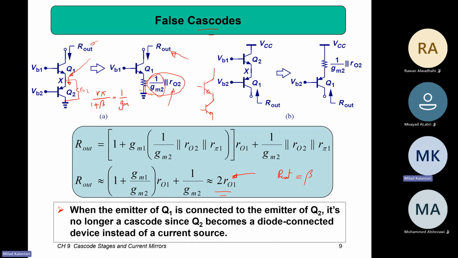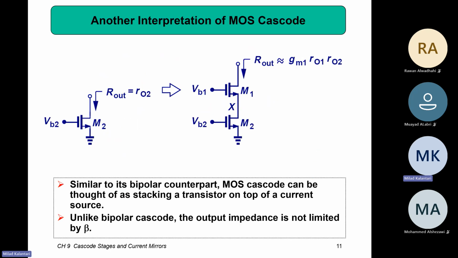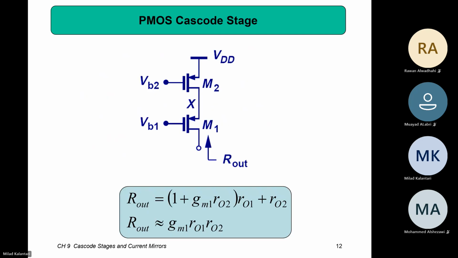But the other cascode that we were talking about initially basically was like this, which can reach up to beta times R out. So it's much higher. For the MOSFET devices, we also have pretty much similar things, right?